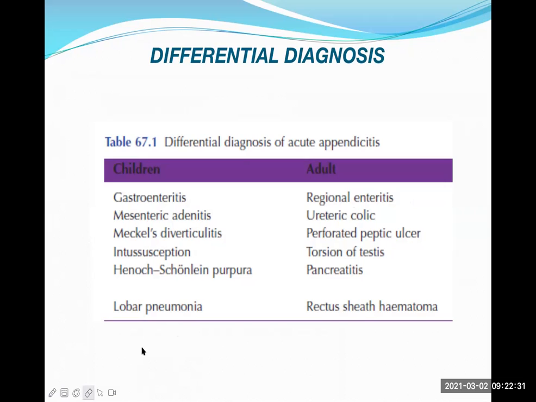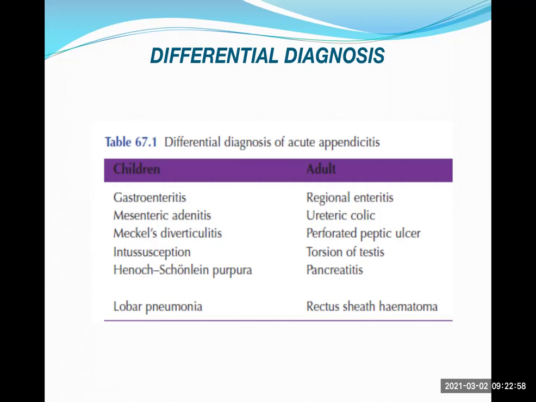But there is one point which I would like to highlight here, that is Henoch-Schonlein purpura. We call it HSP. This HSP is very common in the pediatric age group. It is considered an immunological disease, or you can also call it an autoimmune disease. There are 4 things which commonly occur here. One is rash.